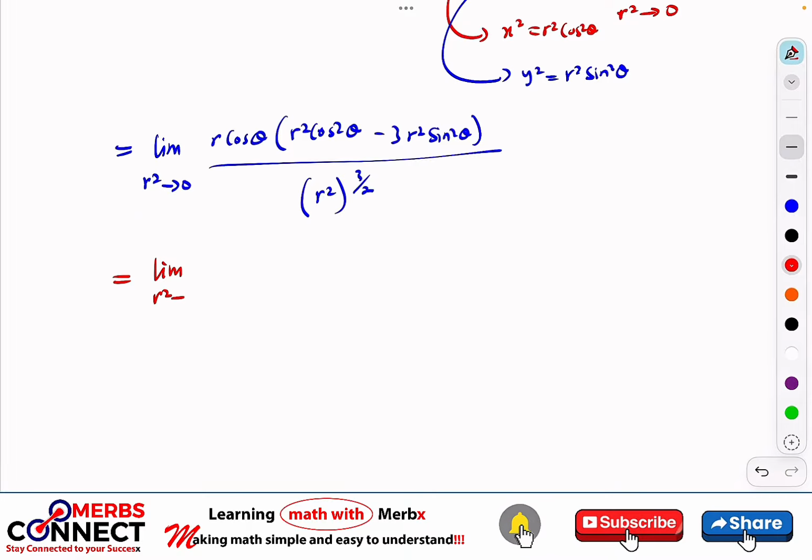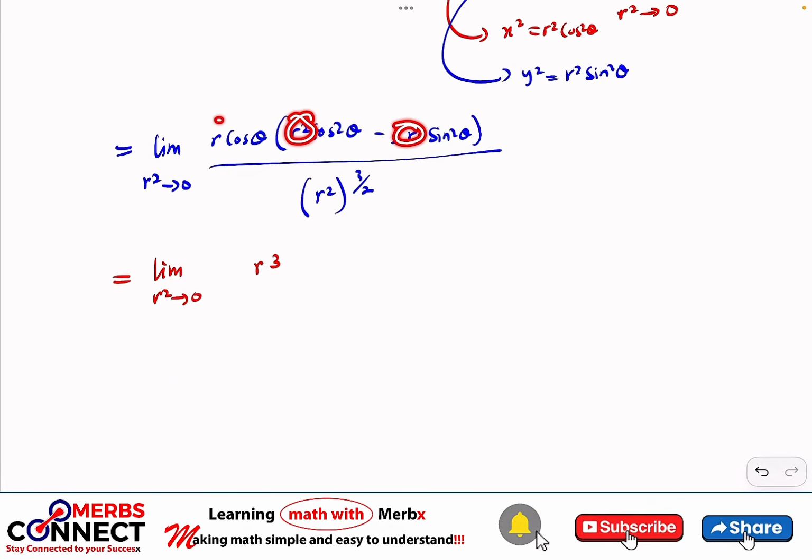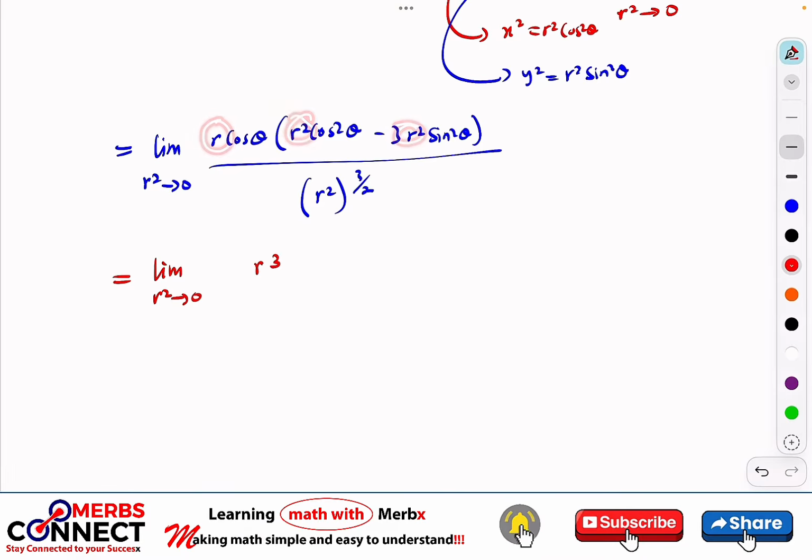So r squared approaching 0. Now this is the same as r cos theta. We can factor r squared out, so making it r cubed. So when I factor r squared out and multiply by this, I get r to the power 3 times cos squared theta minus 3 sine squared theta.